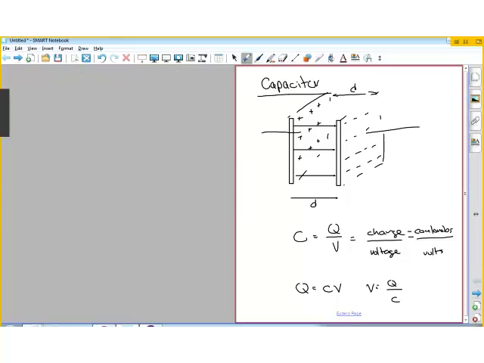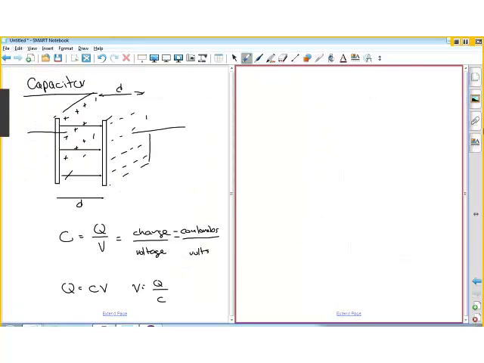Now, typically, capacitors have values of capacitance which are fairly small. Before we get to that, let's define this unit of capacitance, which is coulombs per volt, and we call that a farad.